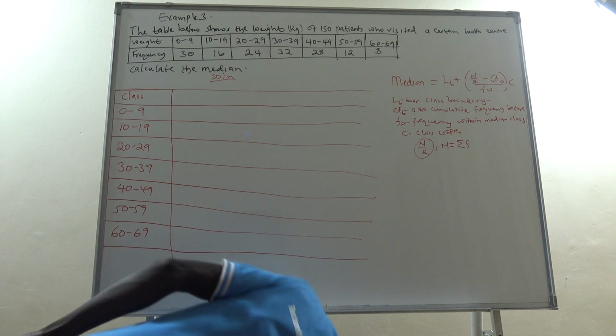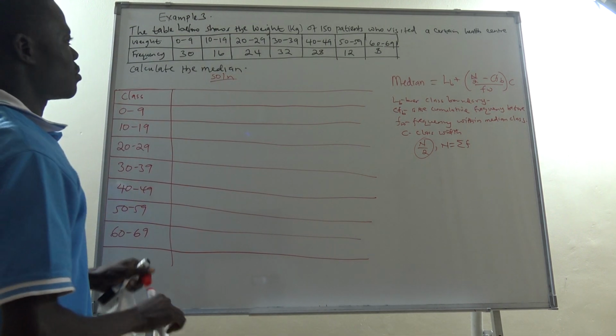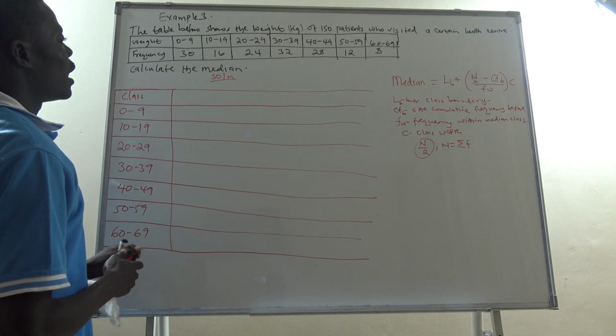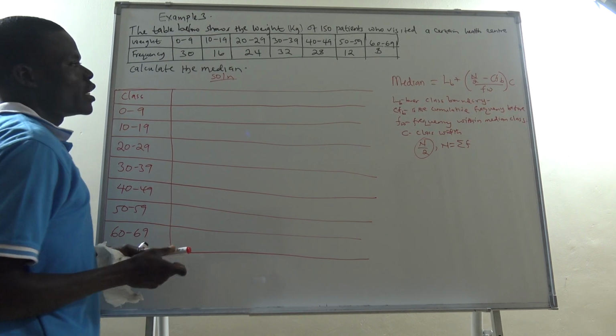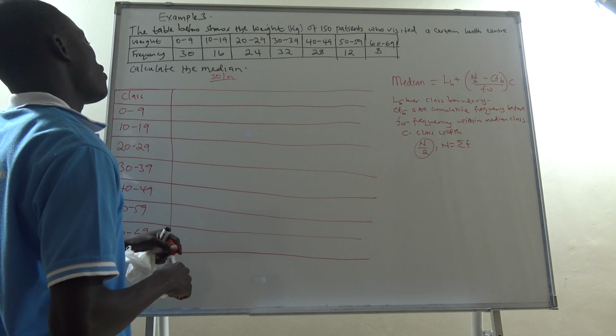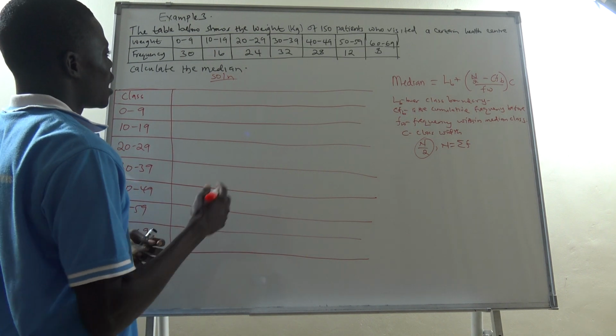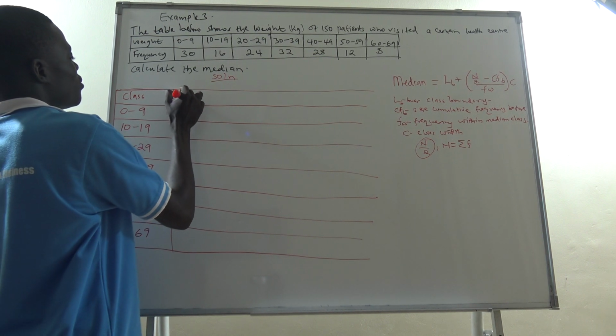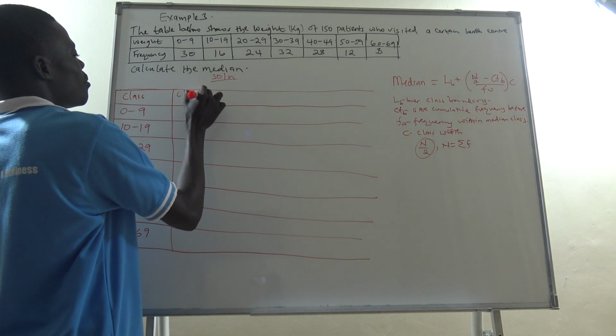So that becomes our class. That's where we are stopping. Then you can go ahead and get the class boundaries, or you can put frequency according to what will make your work easier.